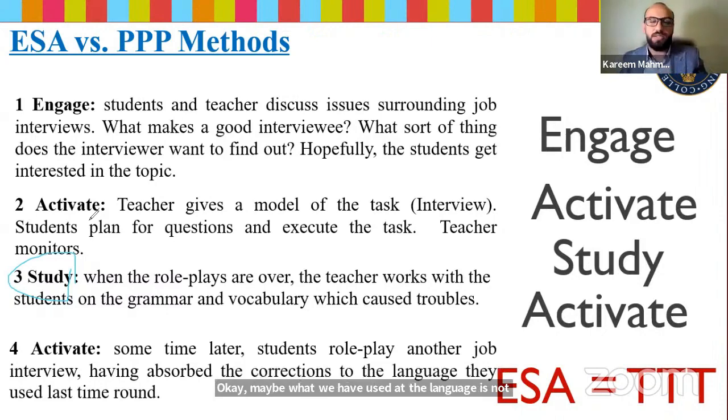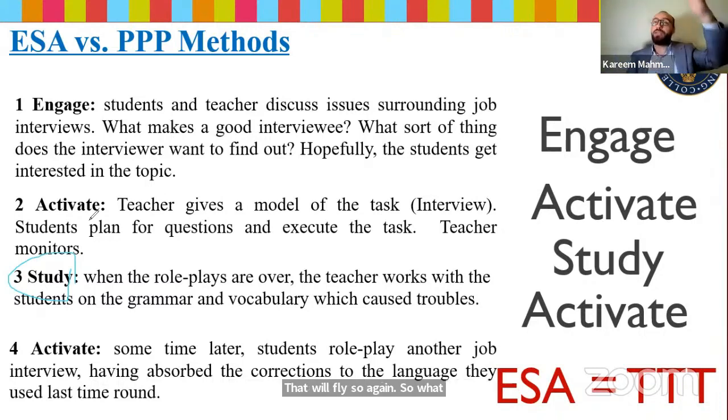The content, the type of question, the content of the questions is not really 100% relevant. So in that particular part, as a teacher, I will give them something. Then after that, they will use the data or my input again to do the role play again.